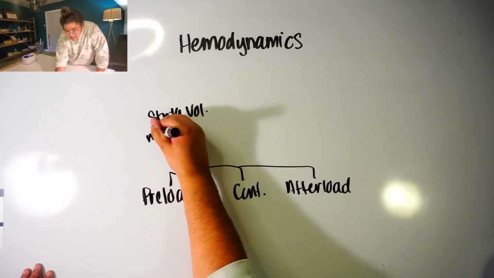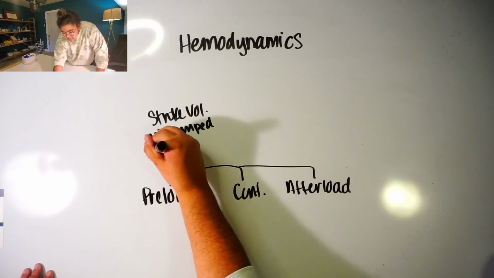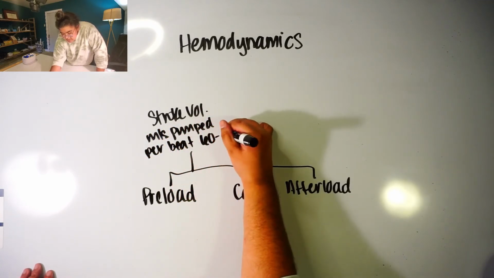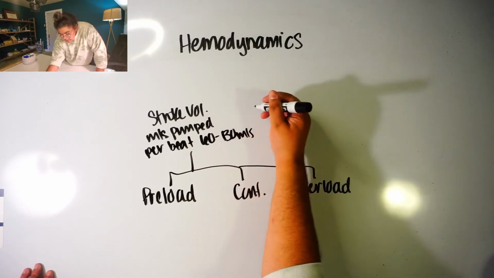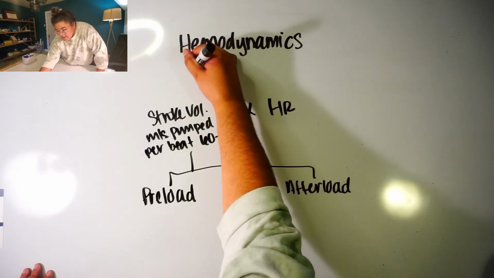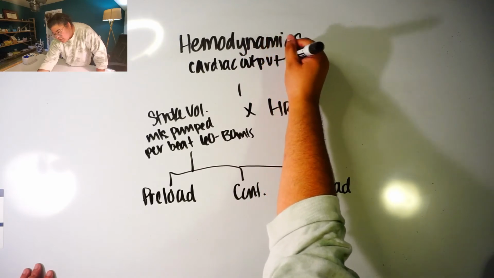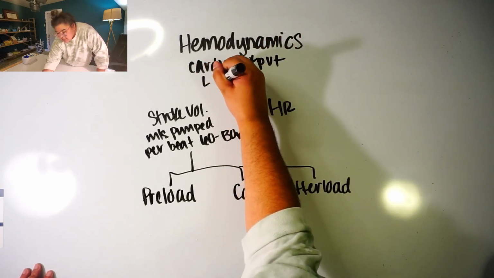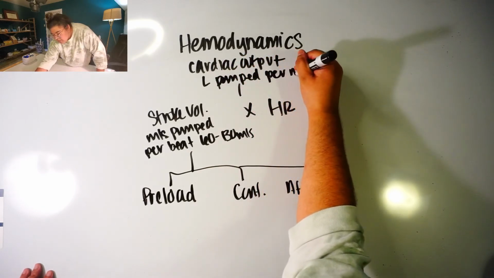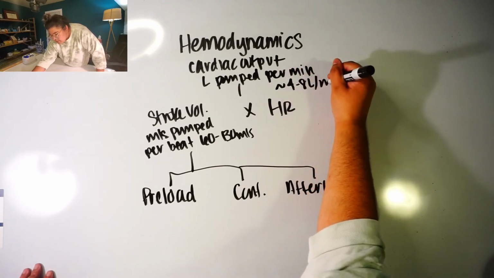And stroke volume is the mLs pumped per beat. This is around 60 to 130 mLs. You multiply stroke volume times your heart rate, and that's going to give you cardiac output, which is liters pumped per minute. And this is around 4 to 8 liters.